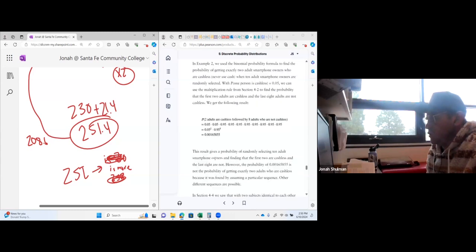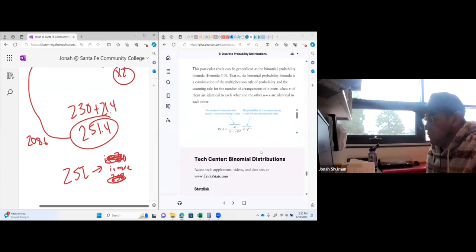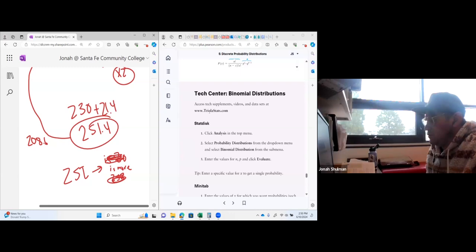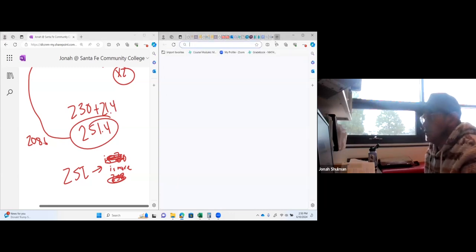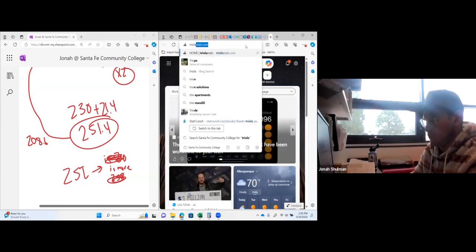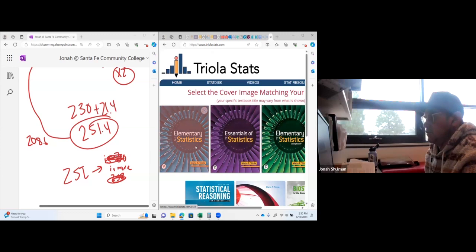All right, we don't need the rationale for the formula. They're doing the combinations again. Oh, can we just go to this Triola stats? Is it literally just a website? Oh, that's nice.